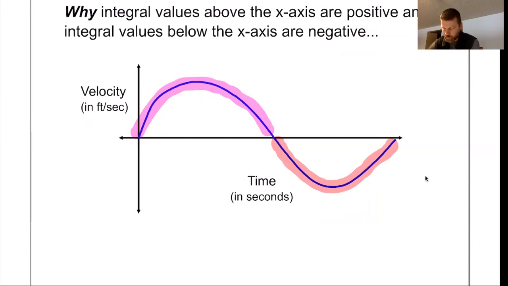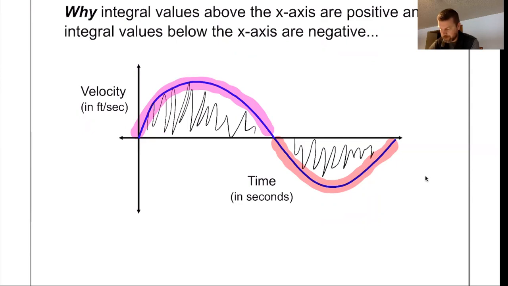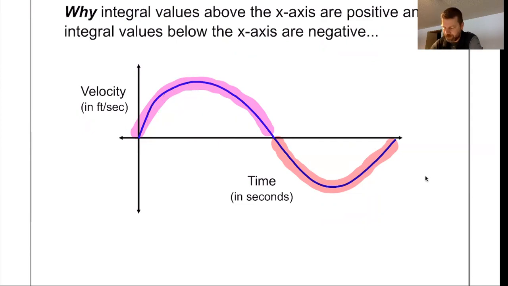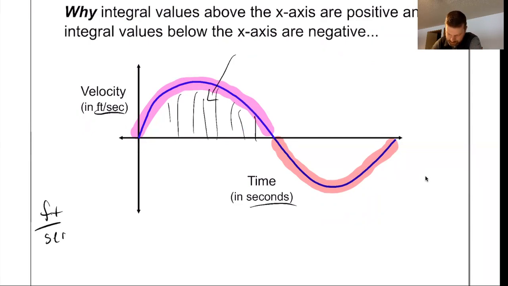So if I moved forward for a bunch of time, and then I moved backward for a bunch of time, I might end up starting in the same spot I ended up. Say we found this area. And since we're taking feet per second times seconds, when I find that area, those units cancel out.